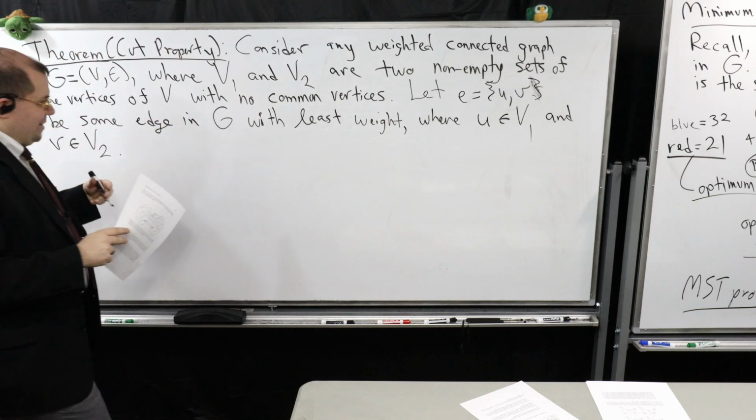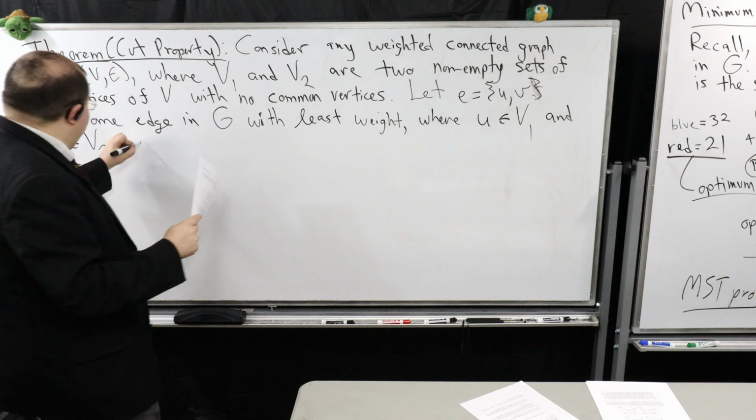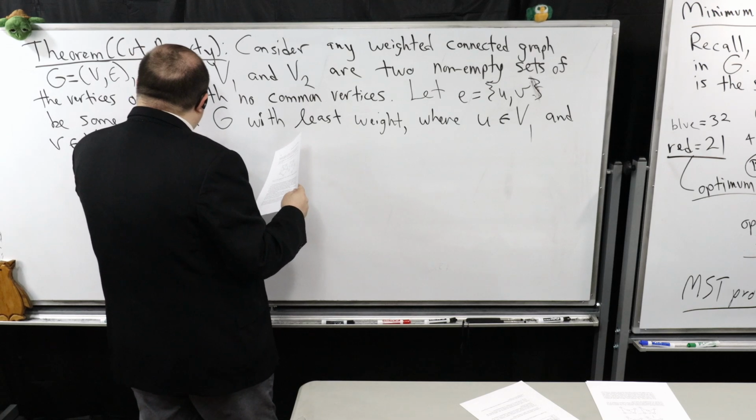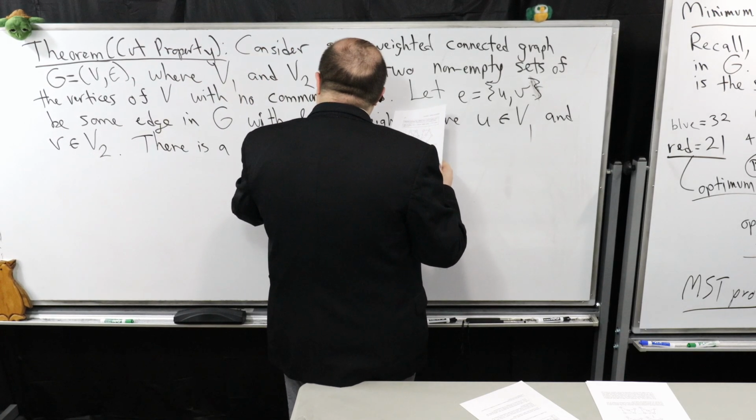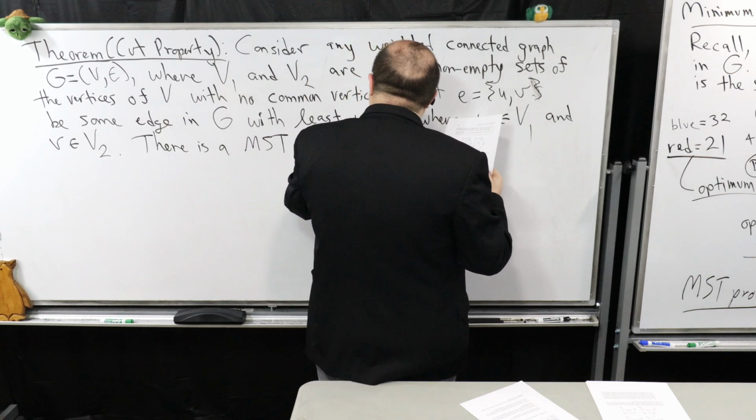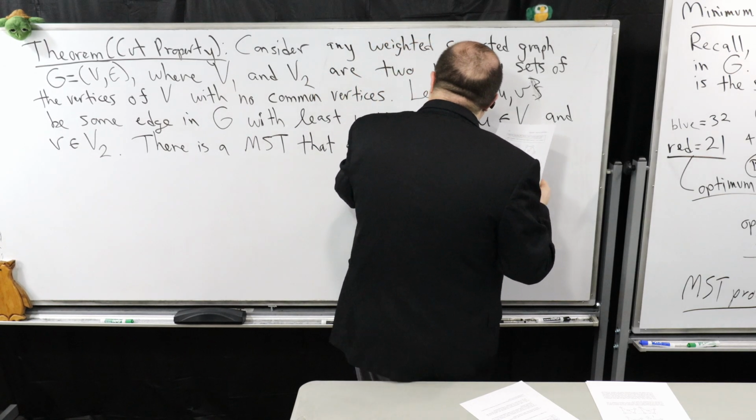So now this is where the killer part of this comes in. There is a minimum spanning tree that contains E.